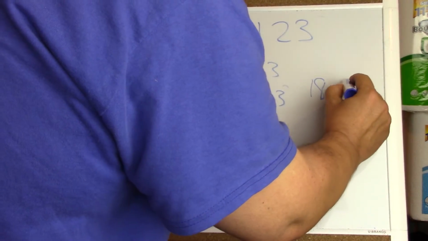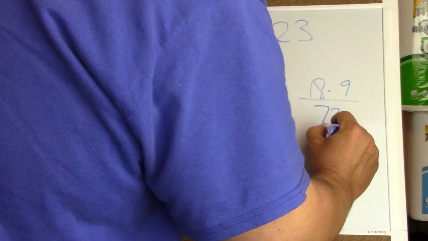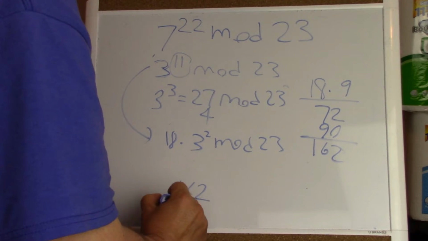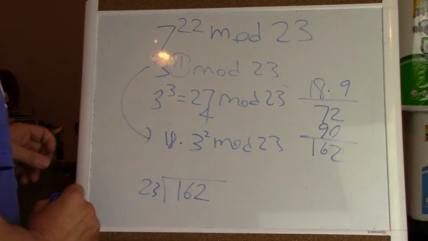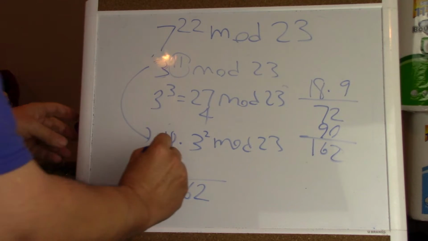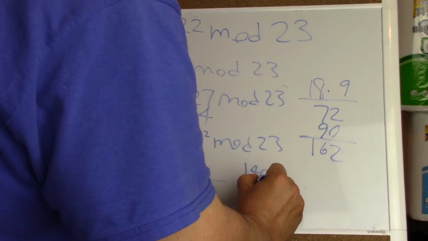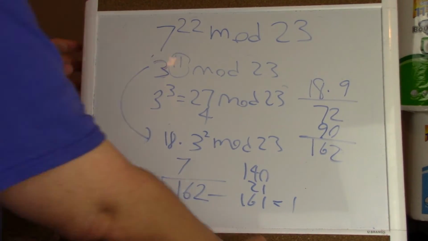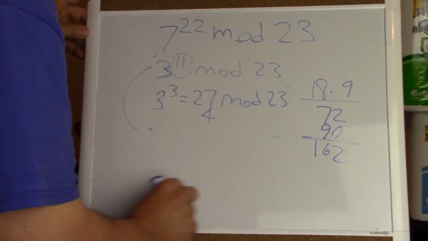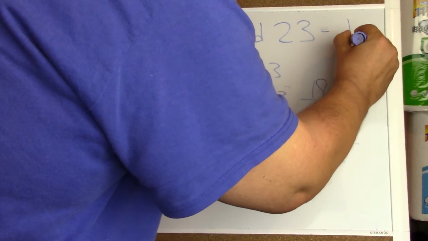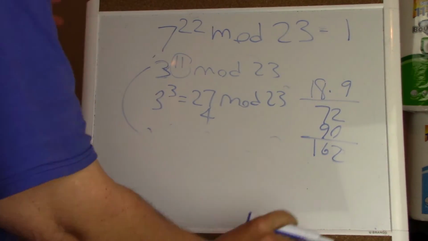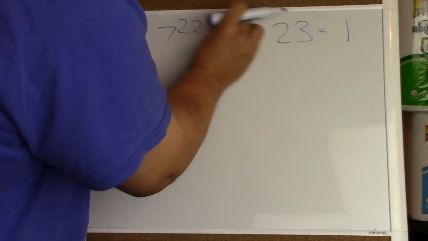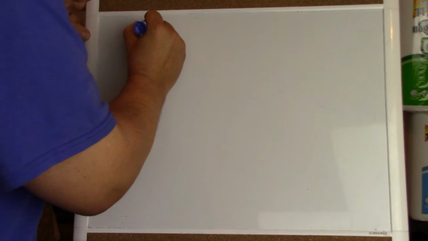So 18 times 9 is 162. 162 divided by 23. It's not 8, it's really 7, right? Because 140, 21, 161 is equal to 1. So this is equal to 1. Right? So all that I have been doing is calculating a couple of examples of Fermat's little theorem.